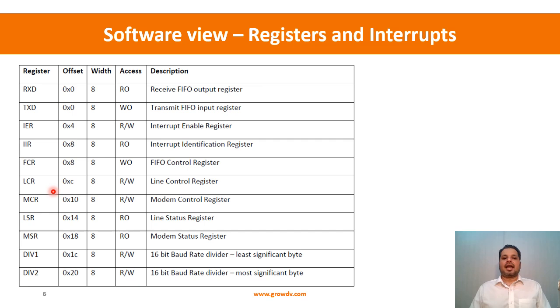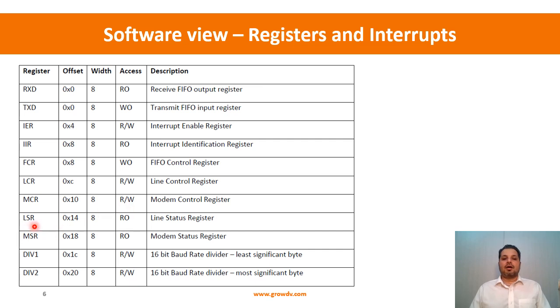Then you have the line control register at offset C. Again, 8 bits, can be read or written. The line control register is one of the important registers for UART operation, which helps us configure the different properties with which the data word gets formatted and sent or received. And then you have the modem control register at offset hex 10, again read write.